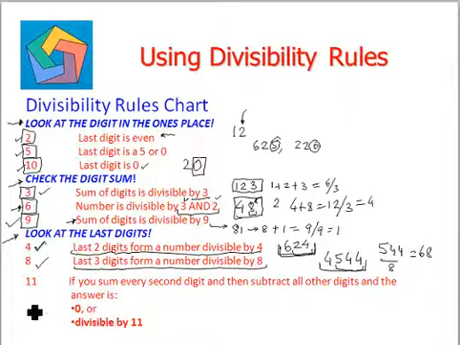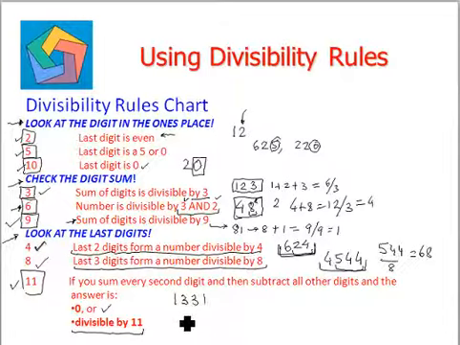Now to check for 11, if you sum every second digit and then subtract all other digits and the answer is 0, then that number is divisible by 11, or you get an answer which is divisible by 11. Let's take 1331.